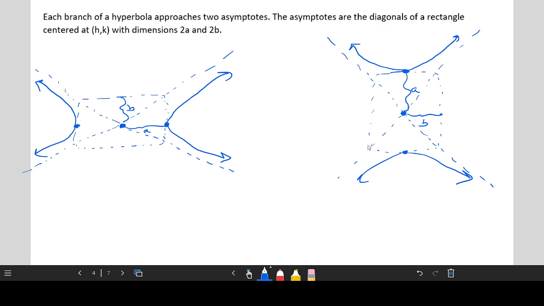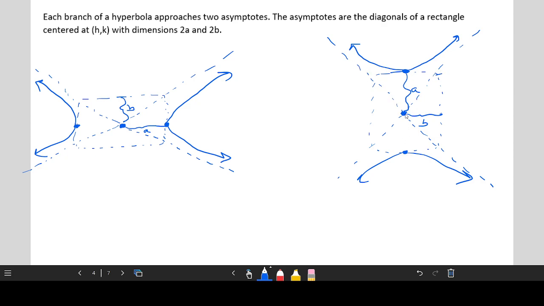Now if we want to write down the equations of these asymptotes, we can calculate the slope using a and b. So for the one we just drew, from the center to the corner here, we went up a and over b. So the slope there is a over b.